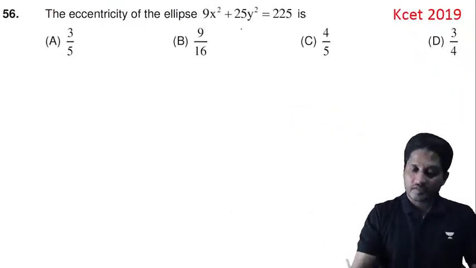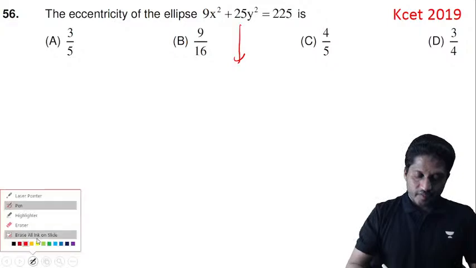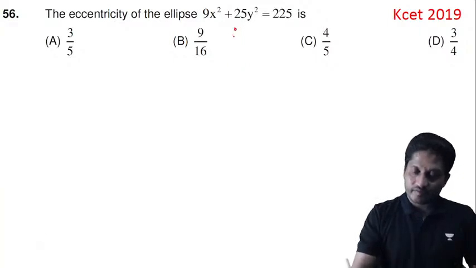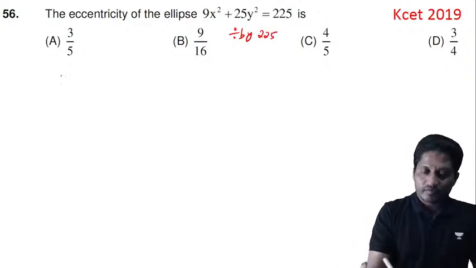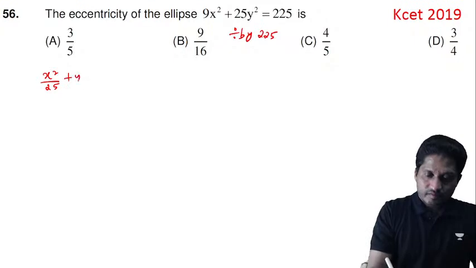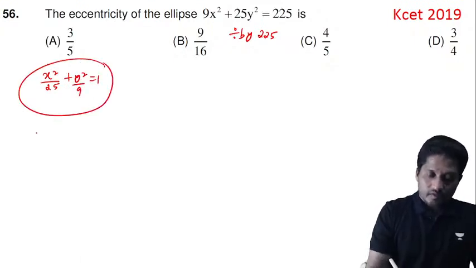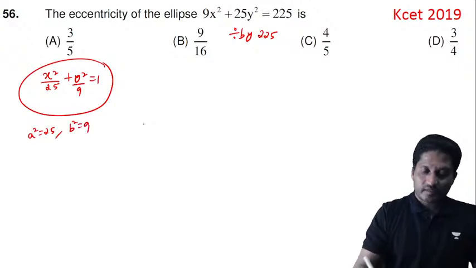What is the eccentricity of this ellipse? If I divide by 225, you get x square by 25 plus y square by 9 equal to 1. So you get a square is equal to 25 and b square is equal to 9.